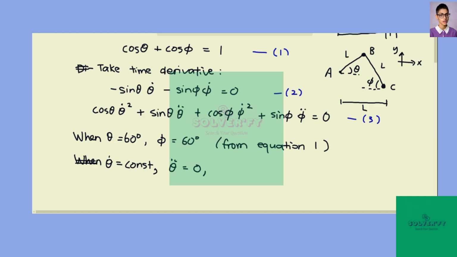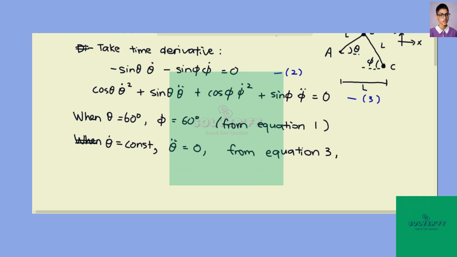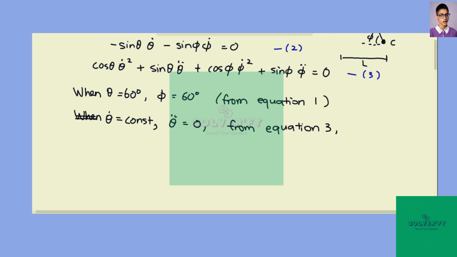Okay, so from equation 3, we have 2 omega squared cosine 60 degrees.